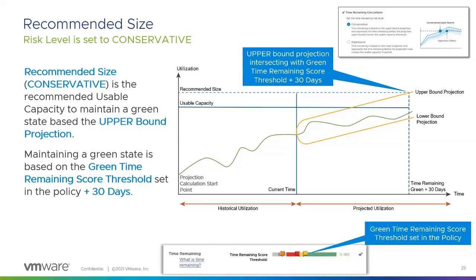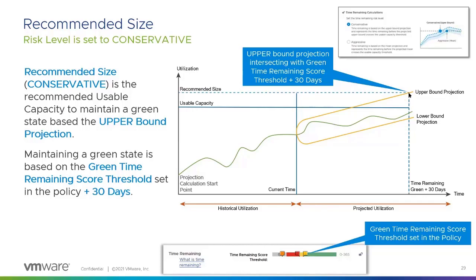So for example, for a virtual machine the threshold was set to 30 days by default, so I add another 30 days on there. Now it's going to right size my virtual machine based on the projection 60 days into the future. So my time remaining score plus 30 days gives me where I want to look.